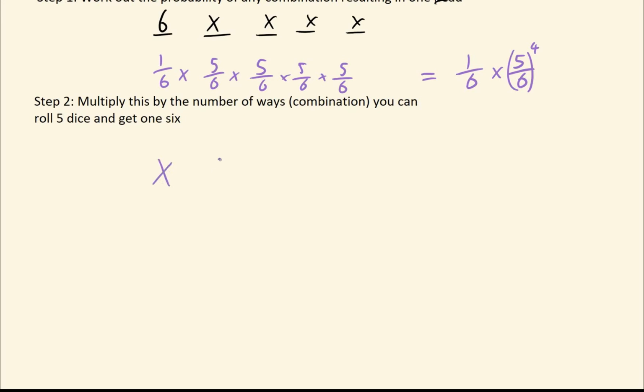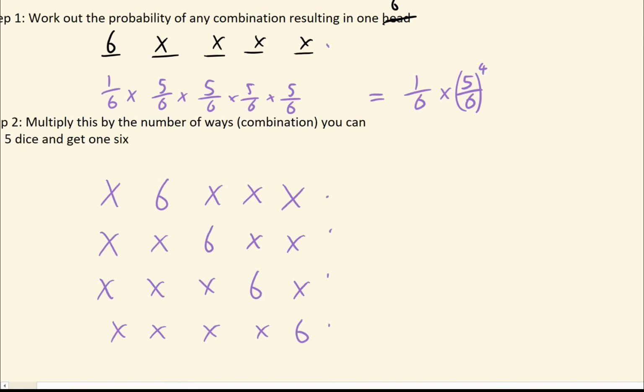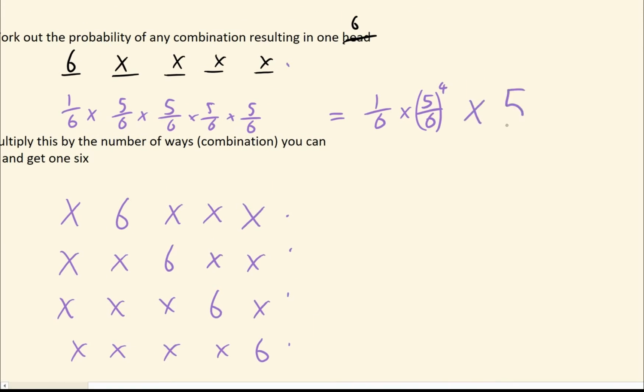I could also get blank, 6, blank, blank, blank, or blank, blank, 6, blank, blank, and you can see that's basically the 6 moving about amongst the not 6s. Altogether we have 1, 2, 3, 4, 5 ways of rolling 5 dice and getting one 6, 5 different combinations, which therefore means we must times this by 5, to account for each of those different ways. That is the idea of how it works.